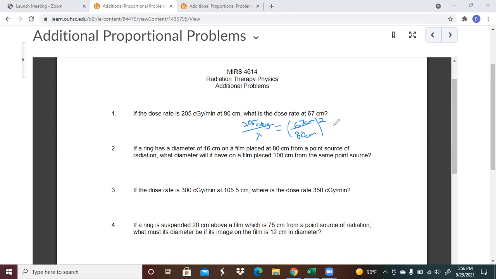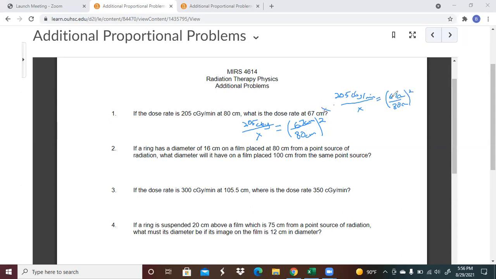Now, if we move the x over here and move the fraction over here, we end up with 205 centigrade per minute times x is equal to 67 over 80 squared.